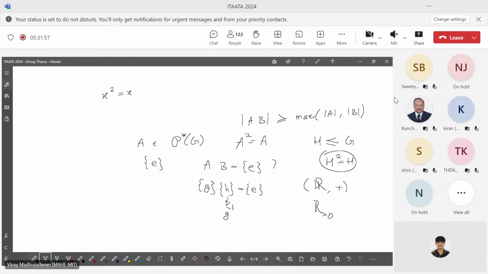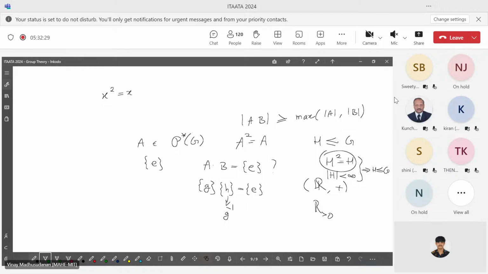But if H is finite, together with this, this implies that H is a subgroup of G. This is an example where you definitely need finiteness. This also satisfies this, but it's not a subgroup. So without finiteness, you can't have the implication.